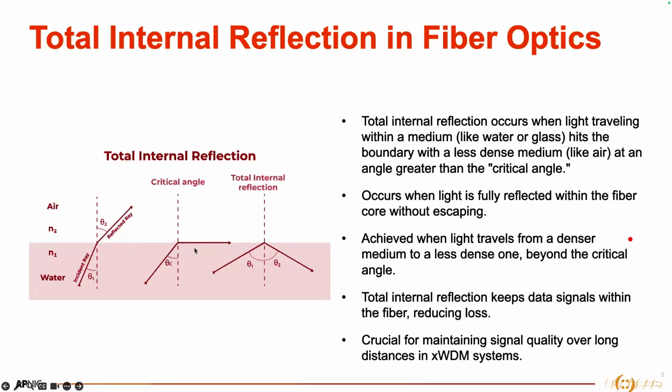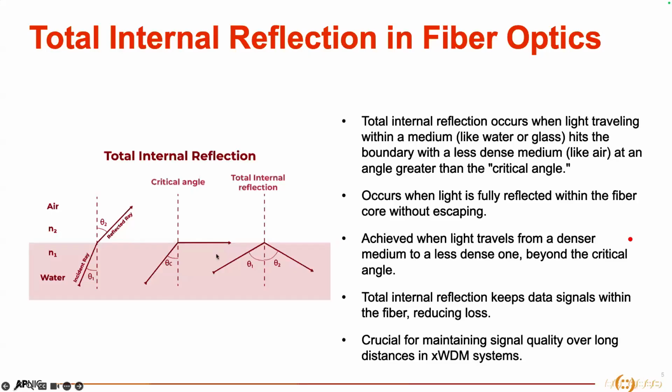So when this refraction becomes 90 degrees with the perpendicular line between these two media, the angle of incidence for which this phenomenon happens, we call the critical angle, right? So the critical angle is the angle between the light beam and the perpendicular line for which the refracted line goes at a 90-degree angle with the perpendicular line.